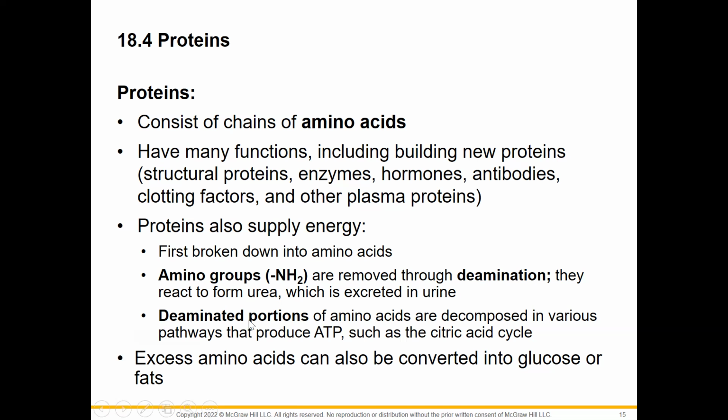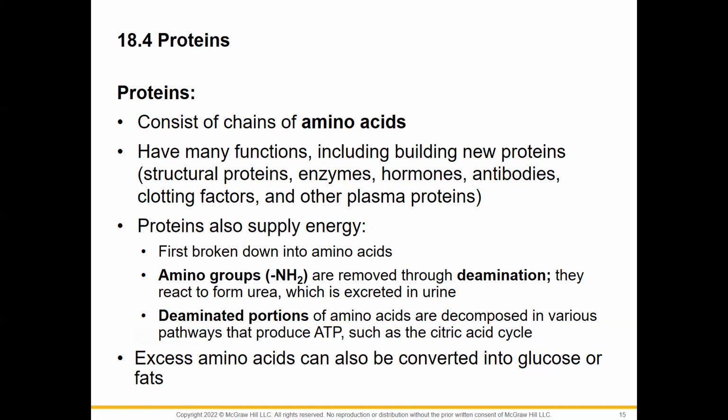And now the portion of the amino acid that does not have the amino group is the deaminated portion, right? So you deaminated the amino acid, you took off the amino group, and now what's left is used in various pathways that make ATP.